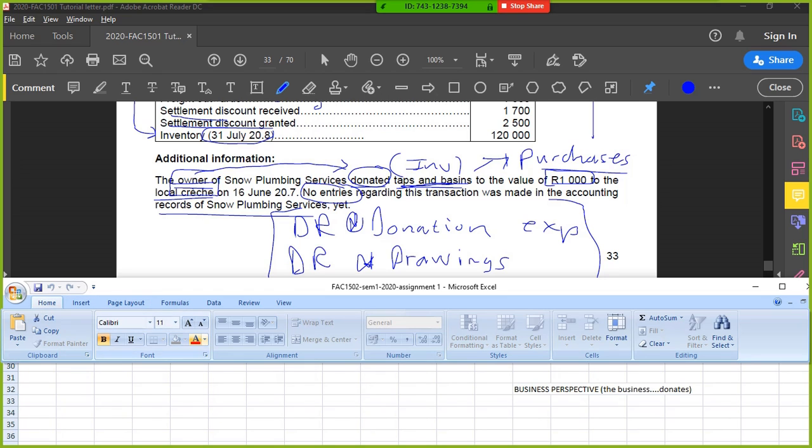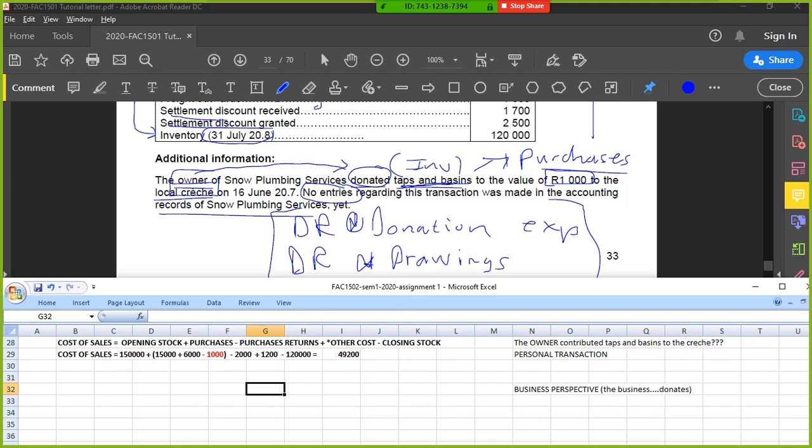Does that make sense? Okay, so if the business is seen as donating stock, then the business would have to account for that donation. But reading this, it says the owner of the business donated to the local creche. So that might be a personal transaction.